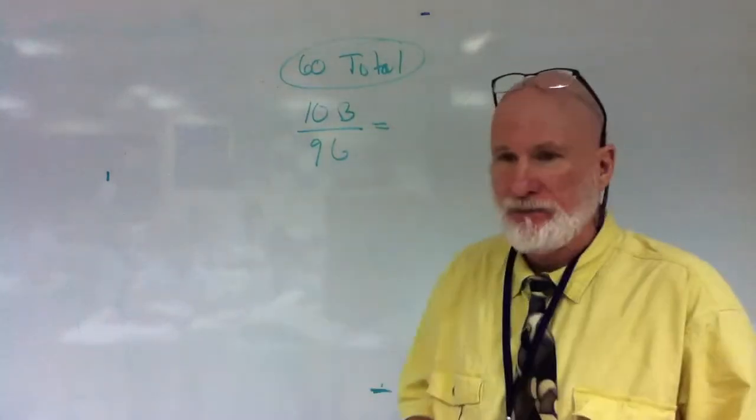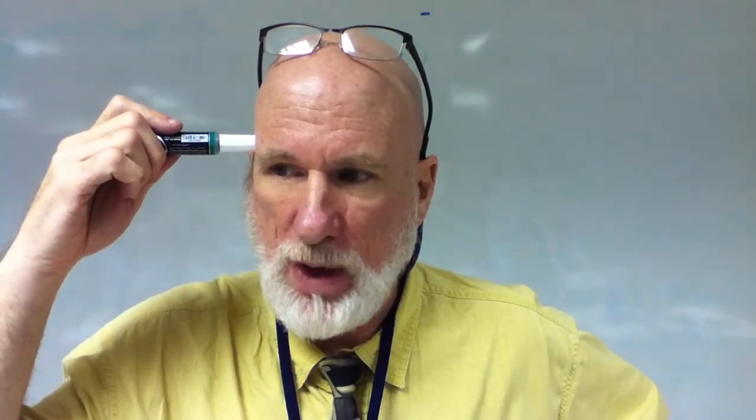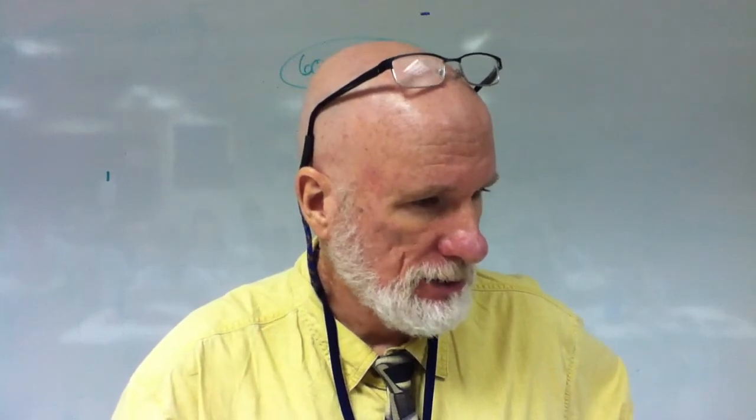Now, remember what a proportional relationship is. What you're comparing to what? A ratio is a comparison of two ideas, correct? And a proportion is a comparison of two ratios, exactly.